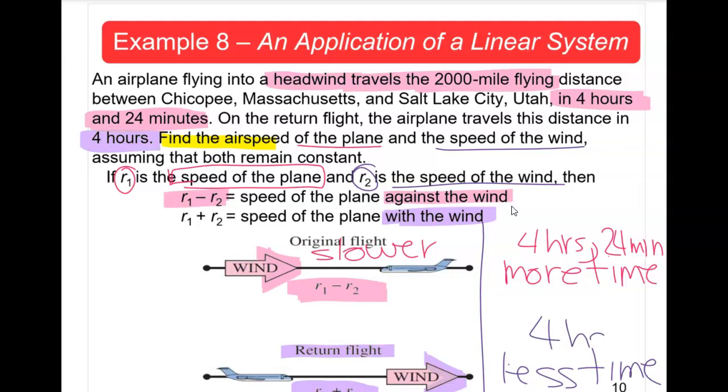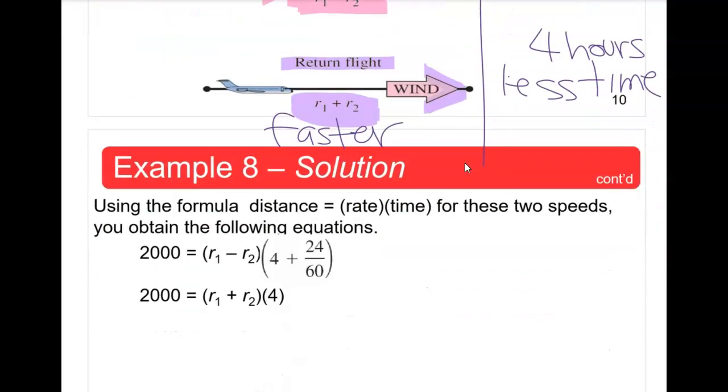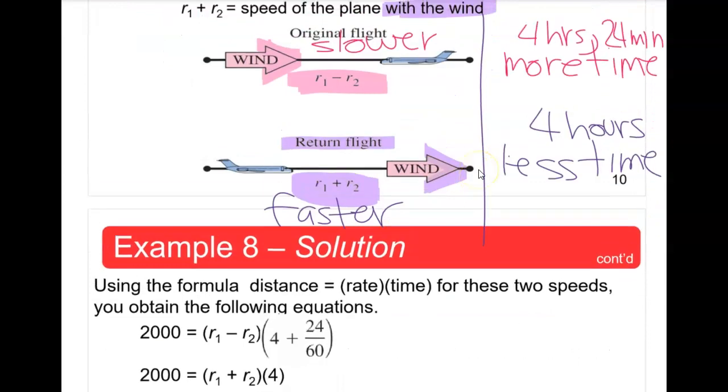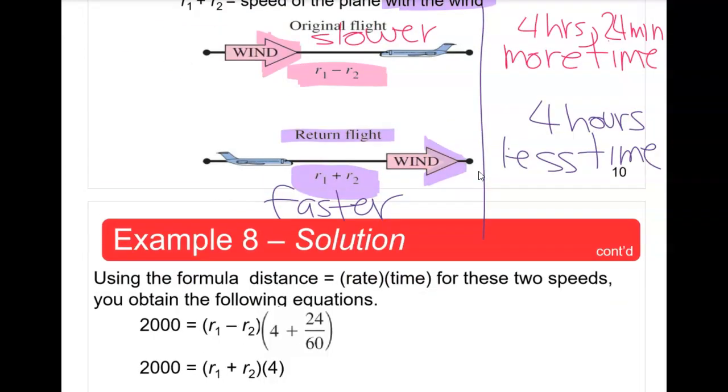So if you notice, the difference was 24 minutes. What we're going to do is find what our 2 speeds were, R1 and R2. So that is our question. What was the speed of the plane, and what was the speed of the wind? And this is assuming that the pilot kept the same speed in both flights.